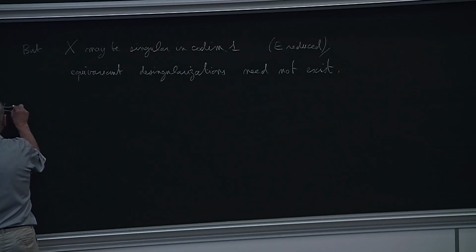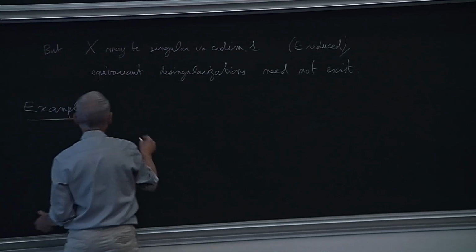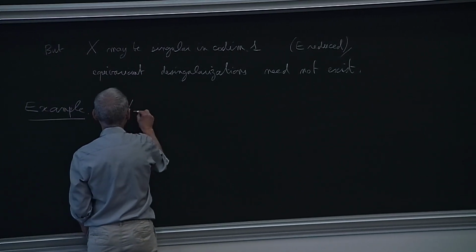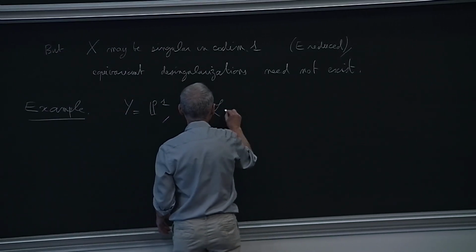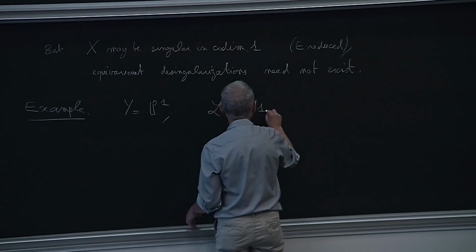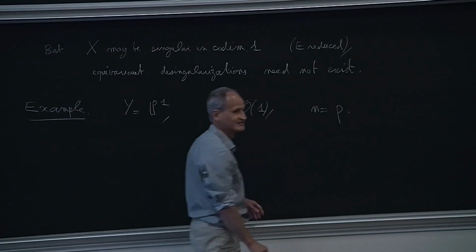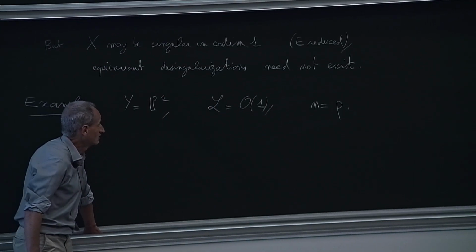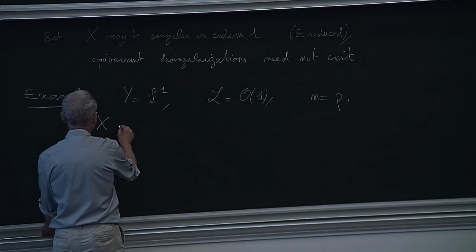Let me, as mentioned, start with the smallest example. I spent lots of time on this example. You just take y to be P1. So it looks safe enough. And then concrete.